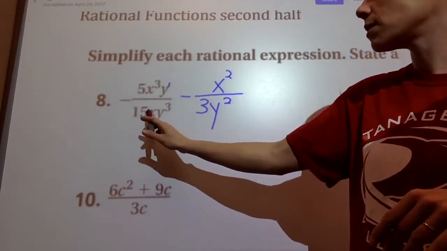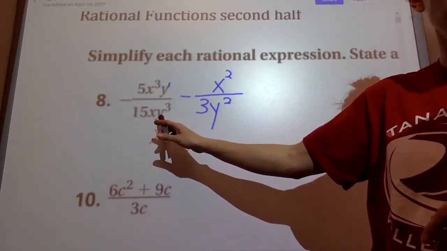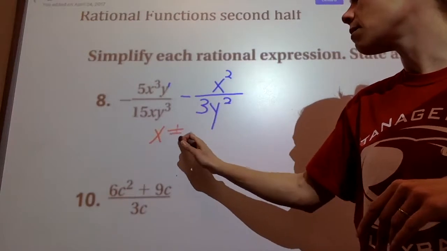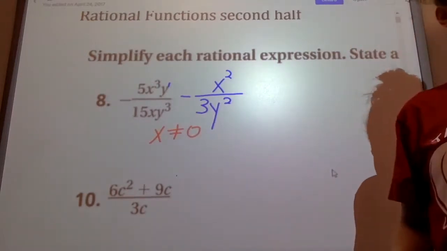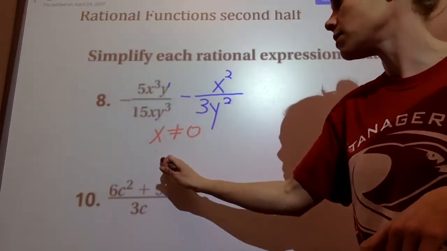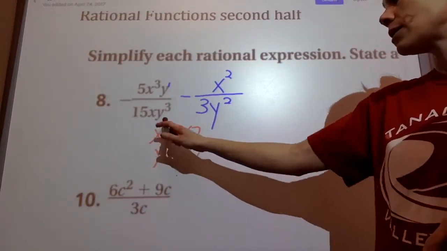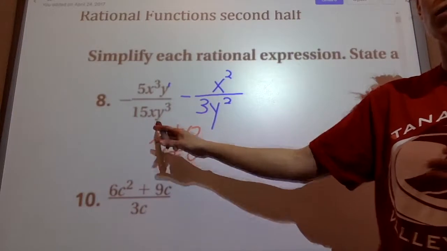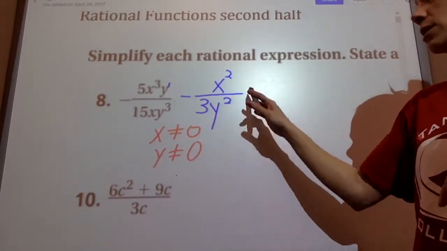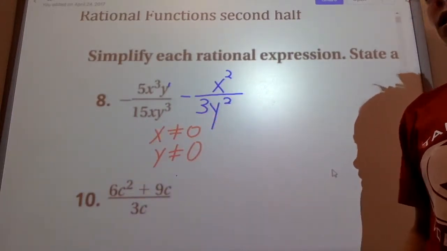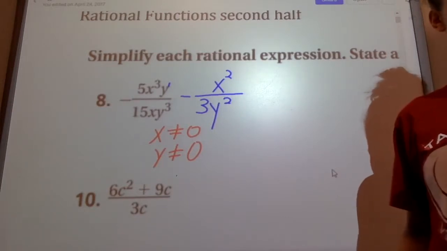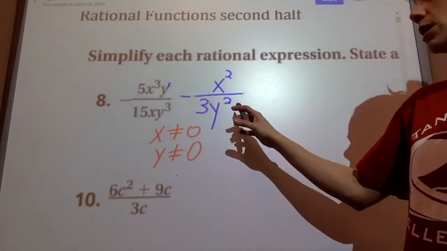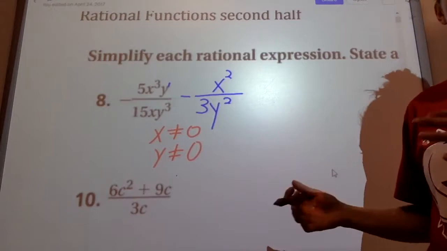Because I would have 15 times 0 times y cubed. So we'd have to say x cannot be 0 and y cannot be 0. Because what if y was 0? I would have 15 times x times 0 cubed, which is 0. So once you have it simplified, you have to define what x and y cannot be. Say this is what it is as long as x and y aren't zeros.